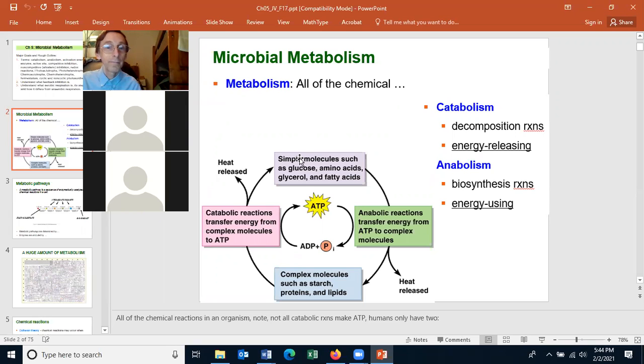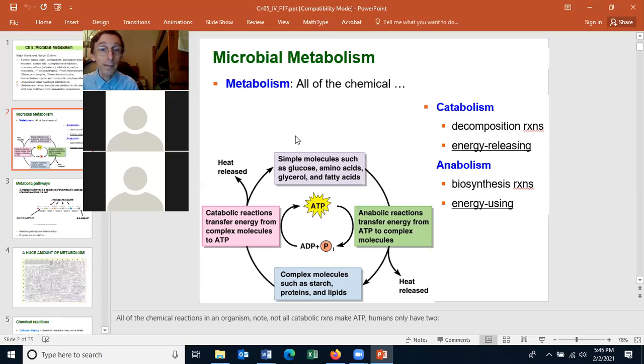All right. Let's talk about metabolism. Metabolism is all of the chemical reactions occurring inside the cells of an organism. And for a prokaryotic cell, which we're talking about the bacteria mainly here, metabolism then is all of the chemical reactions inside the cell, because bacteria only have one cell for the organism.